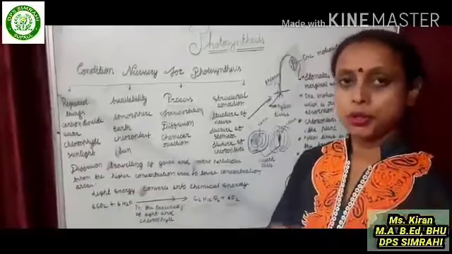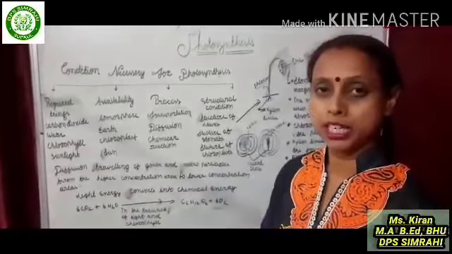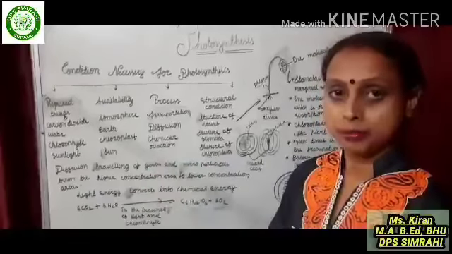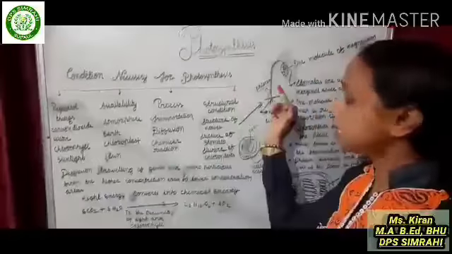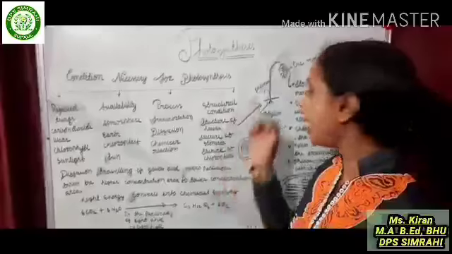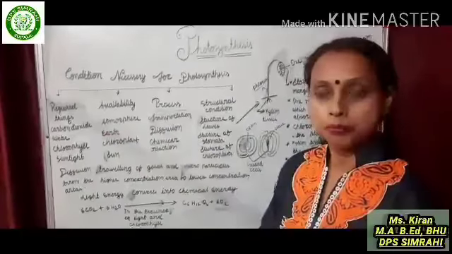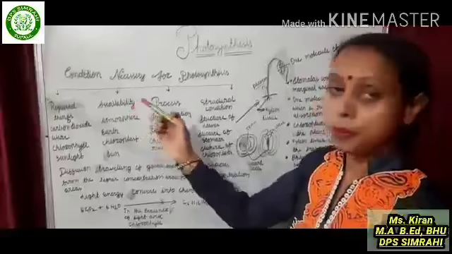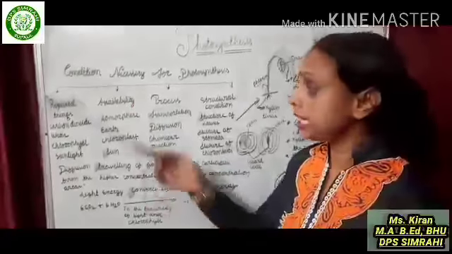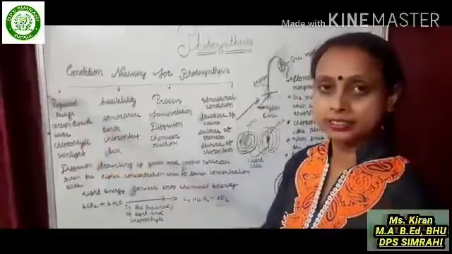You know, we get our food material from the market, but plants are unable to go to the market. But how do they get these required things?